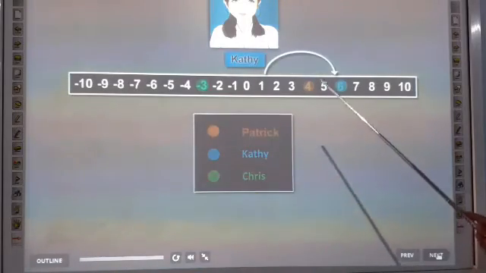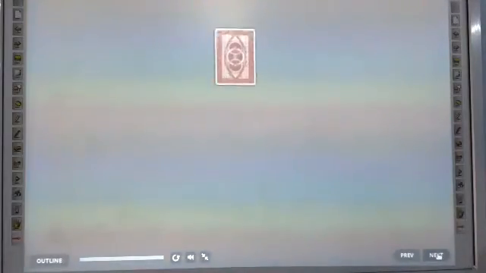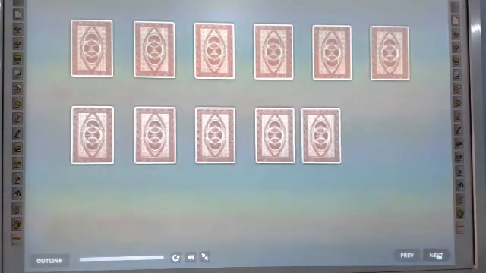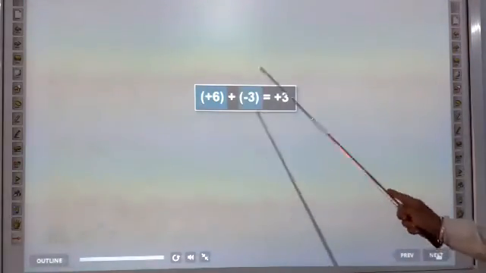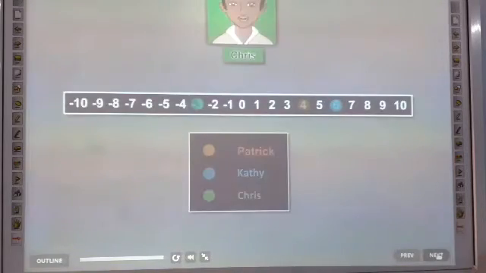Move to the right side. Plus 6 plus minus 3, 6 minus 3 is equal to 3.